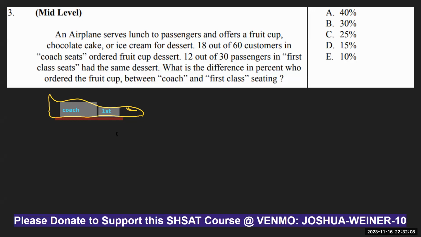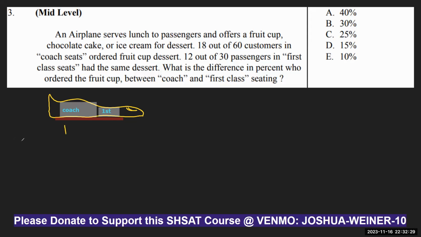But first class is usually a more open space, and coach has more densely populated seats. Okay, so when we went to the coach seats, they ordered their desserts for their meals.